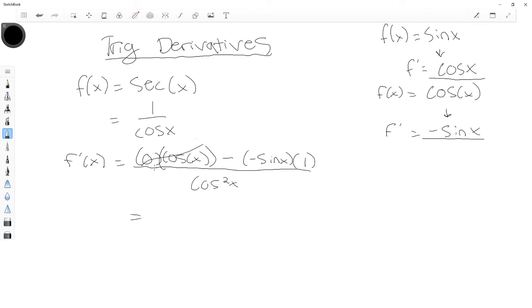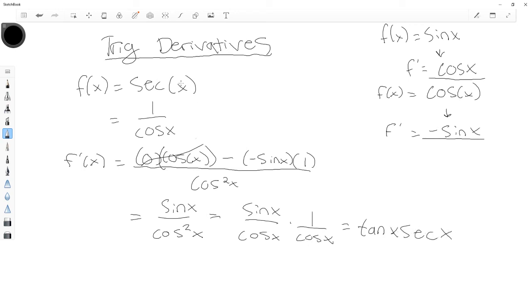And so that just becomes 0, and then this becomes positive, so it'd be sine x over cosine squared x, which we can rewrite as sine x over cosine x times 1 over cosine x because this is squared. And then this just becomes tangent, and this becomes secant. So tangent x, secant x, and that is the derivative of secant.